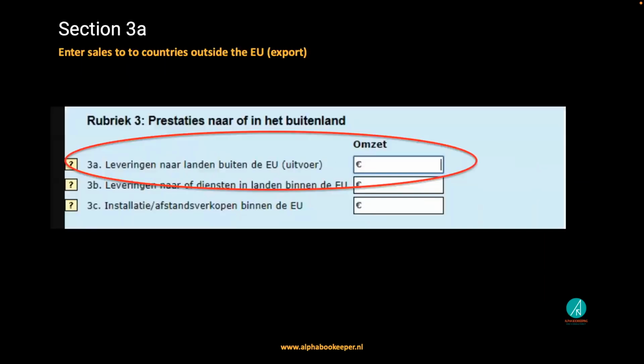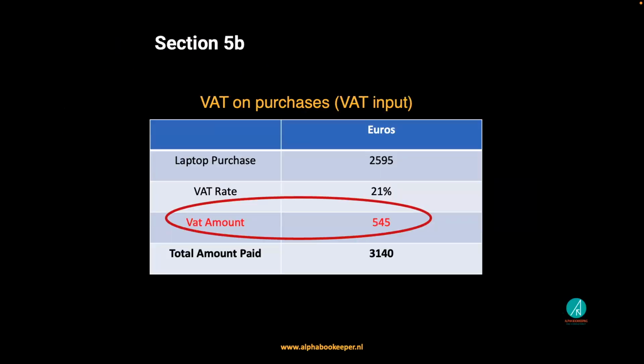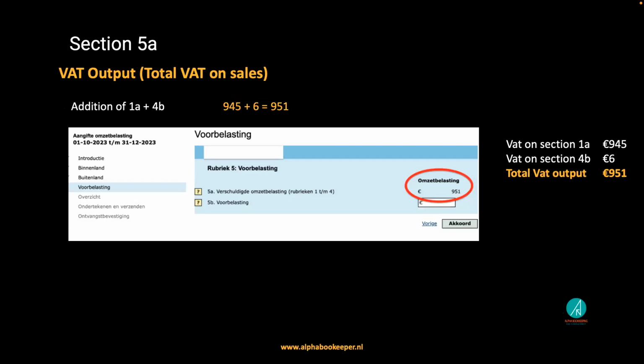And then we had section 4B, where we had 30 euros of cost and 21% of VAT, which is 6 euros, which we have to declare ourselves in the Netherlands. So that 6 plus the other amount is what gives us the 951.